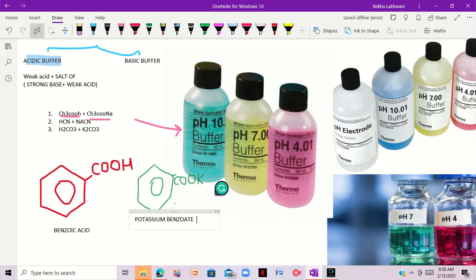So benzoic acid is a weak acid, and potassium benzoate is a salt of a strong base.